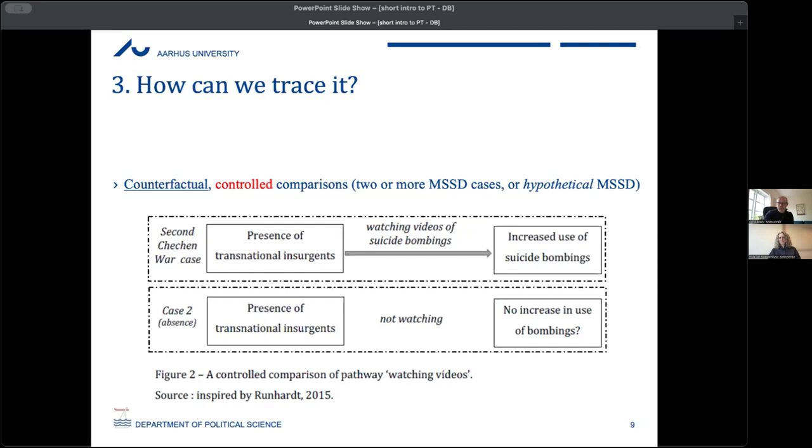If we can ascertain that in the one case we see this process and we do get this increased use, while in the other case no process is triggered and we don't have the outcome, and if everything else is equal, then you could make the inference, this is basically a natural experiment, that the mechanism produced the difference in the outcome.